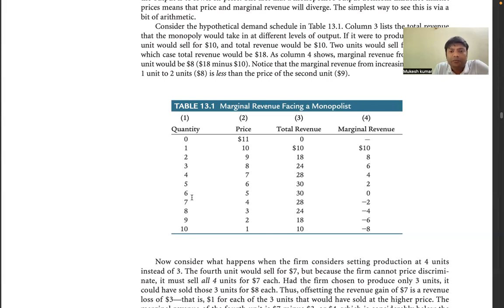But after some point, after the 6th to 7th unit, you can see that total revenue started to decrease. Let me say something about average revenue.